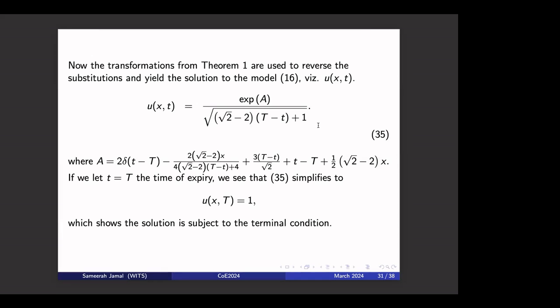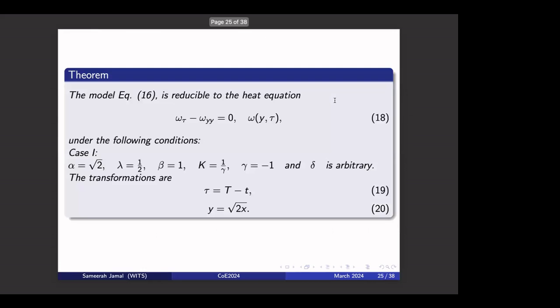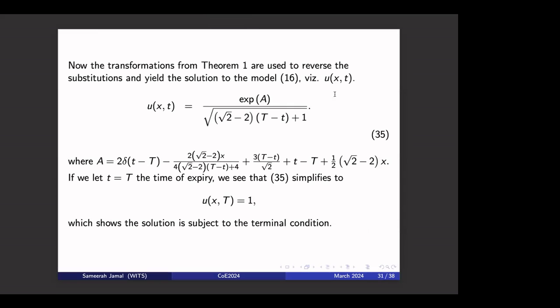For example, I haven't put in too much of the details, but once you have your solution, you would obviously have to apply theorem 1 and reverse all of the transformations to get back to the solution of the CEV model. So let's take, for example, this one solution, equation 35. For the CEV model, we've already reversed all of the transformations.